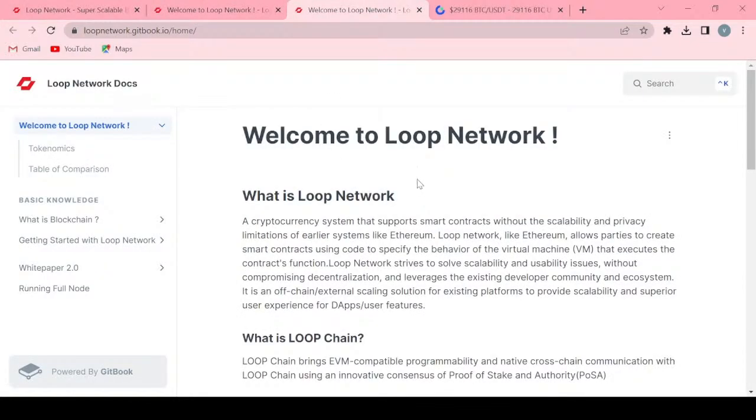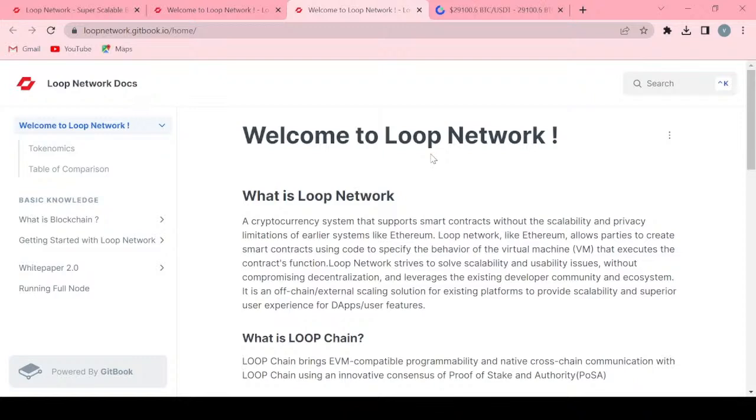Loop Network is a cryptocurrency system that supports smart contracts without the scalability and privacy limitations of earlier systems like Ethereum. Like Ethereum, it allows parties to create smart contracts using code to specify the behavior of the virtual machine, which also executes the contract functions.